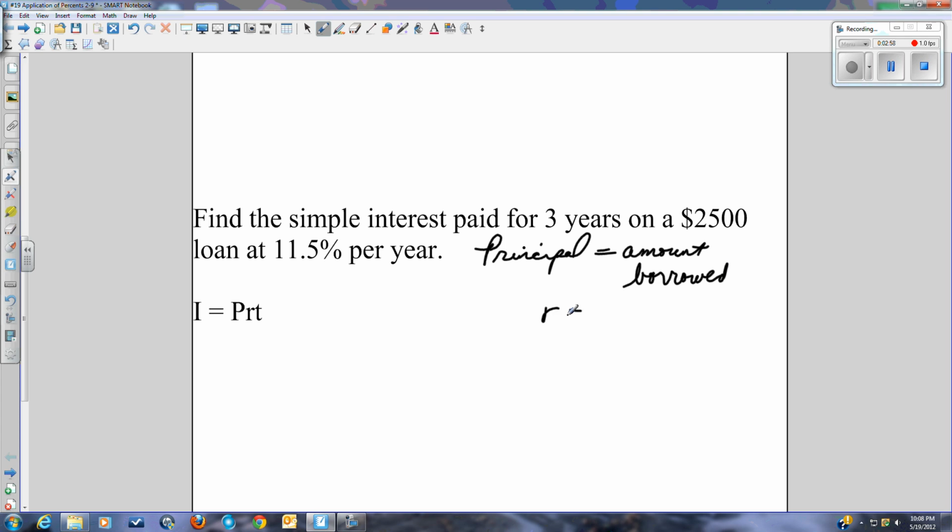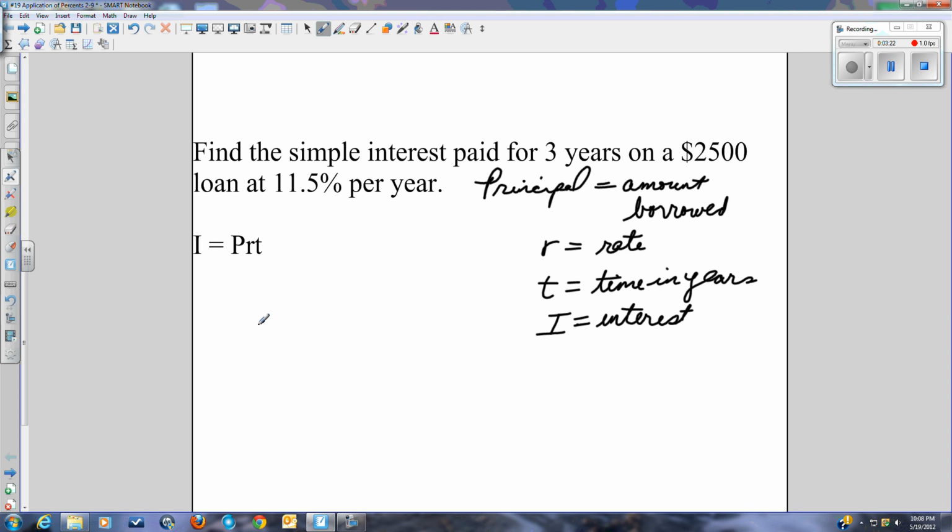R stands for the rate. T stands for the time in years. And I stands for the interest. So that's how much you have to pay back to the bank on top of what you've already borrowed.